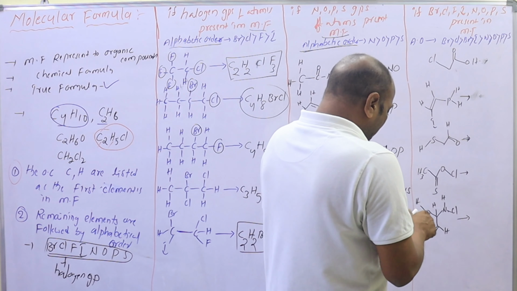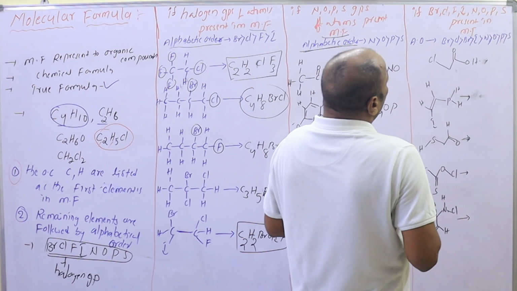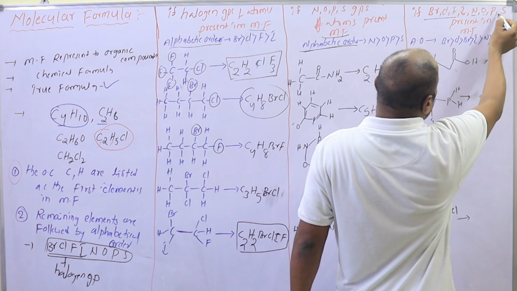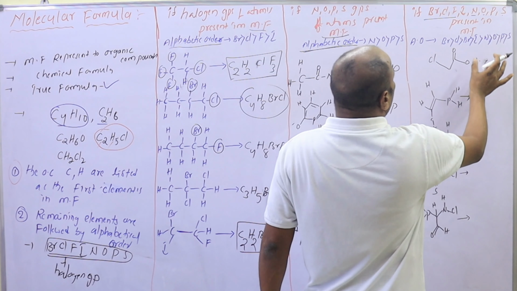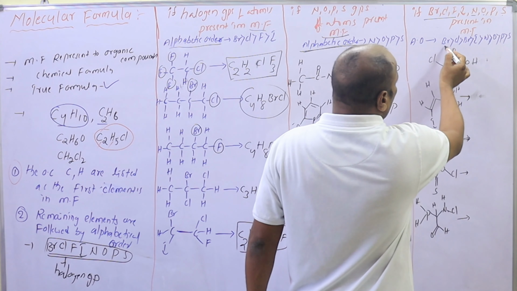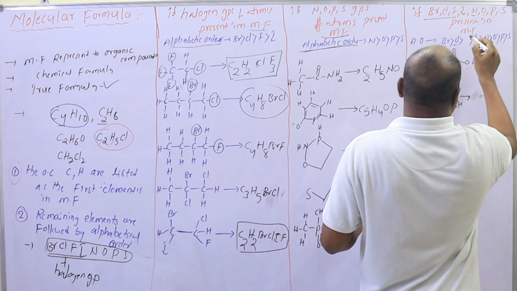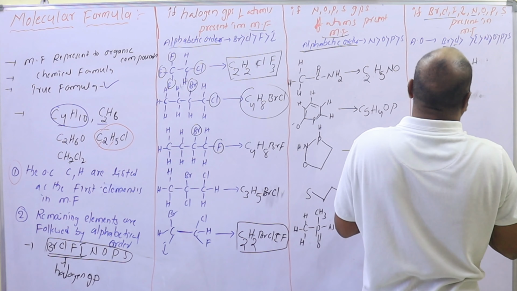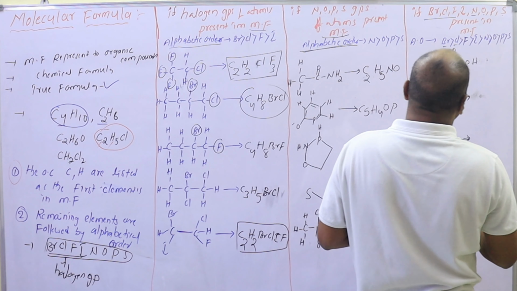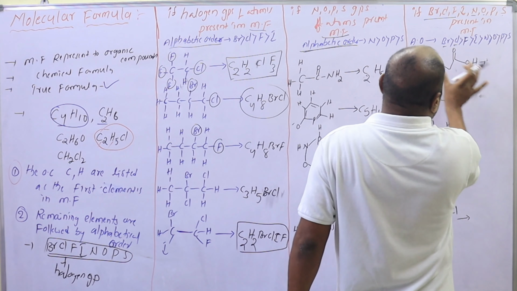And if bromine, chlorine, halogen groups and nitrogen, oxygen, phosphorus, sulfur are present in the molecular formula, it is alphabetical order: bromine, chlorine, fluorine. It is alphabetical order, and give the molecular formula.